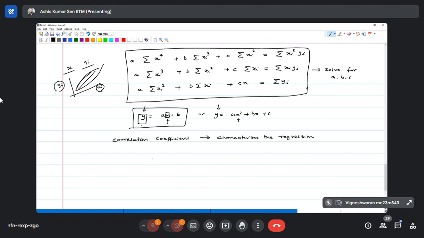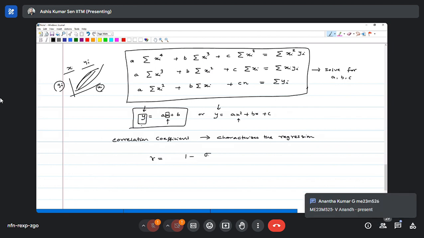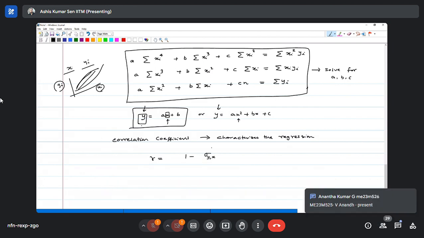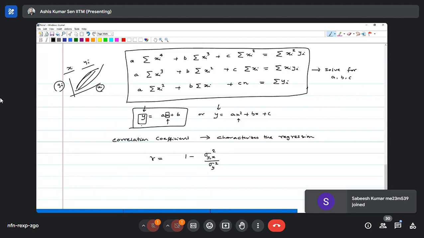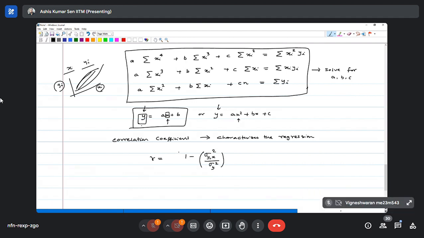So you define R, which is 1 minus sigma yx square divided by sigma y square, 1 minus of that, to the power half.